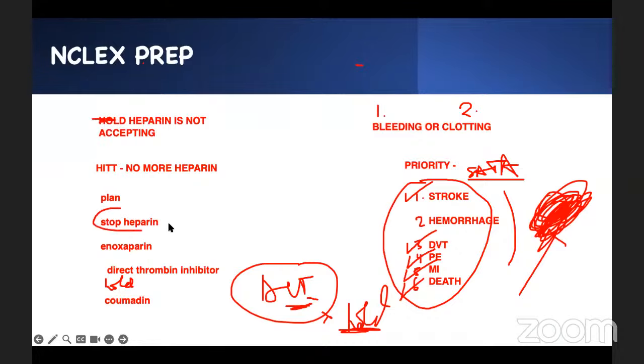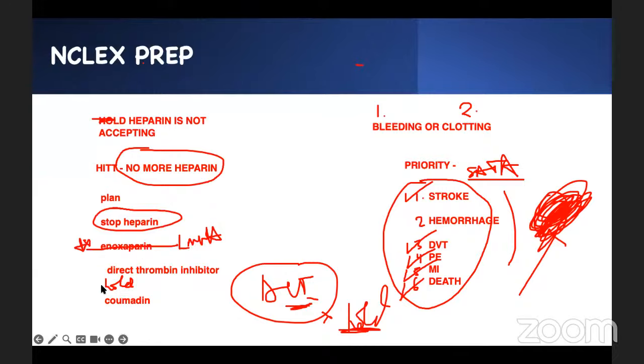You need to stop it completely and never go near heparin again. You may have to change all your IV tubing. Most IV tubings are heparin impregnated, so you stop all of them. And enoxaparin is lower molecular weight heparin, so they should not get this.